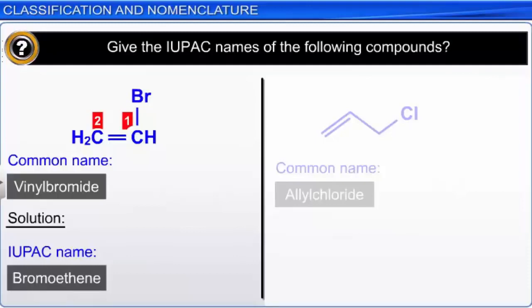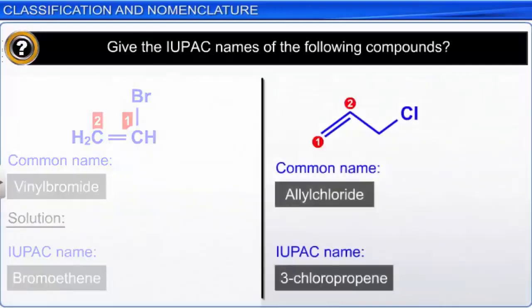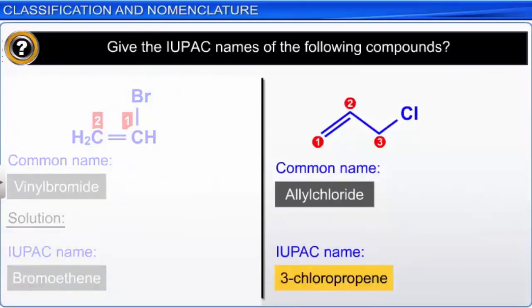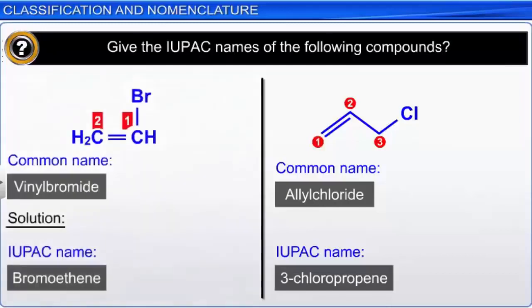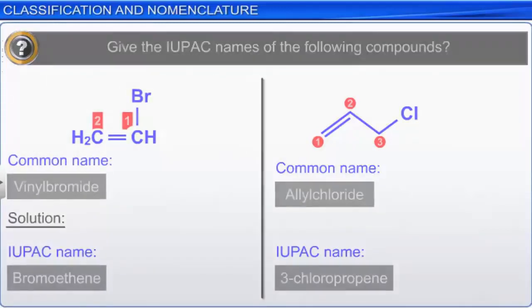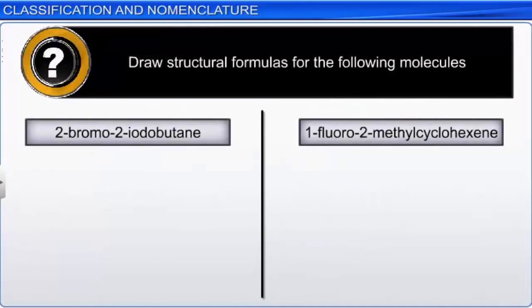Let's practice another important skill. That is, drawing structural formulae from names. It is best if you start with the end of the name with the carbon backbone and work forwards. Try them independently before checking the answers.